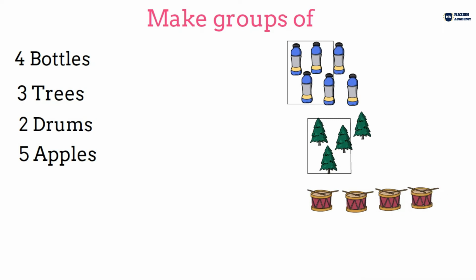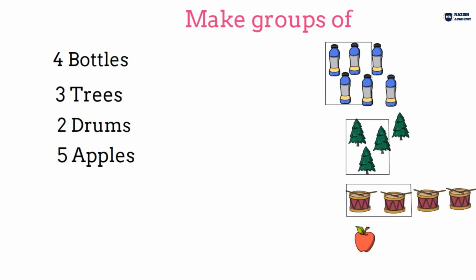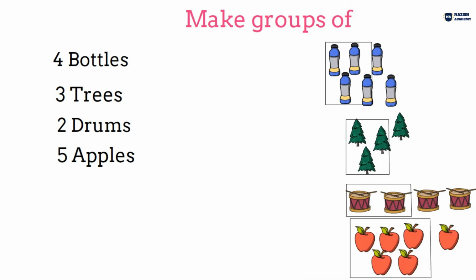Now we have to make groups of 2 drums. Yes. 1, 2 apples, 3 apples, 4 apples, 5 apples, 6 apples. Now we have to make groups of 5 apples. Yes, 5 apples.